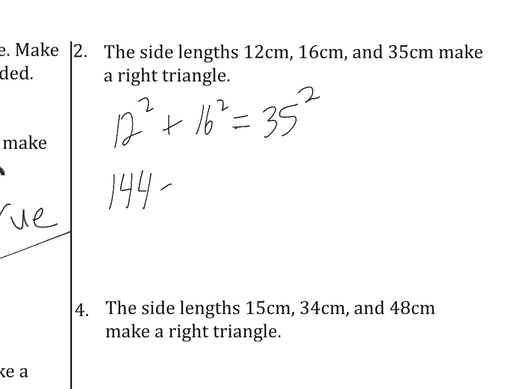It's supposed to be a plus sign there, not an equal sign. And then we do 16 squared, which is 256. And if it's a right triangle, then it will equal 35 squared, which is 1,225.